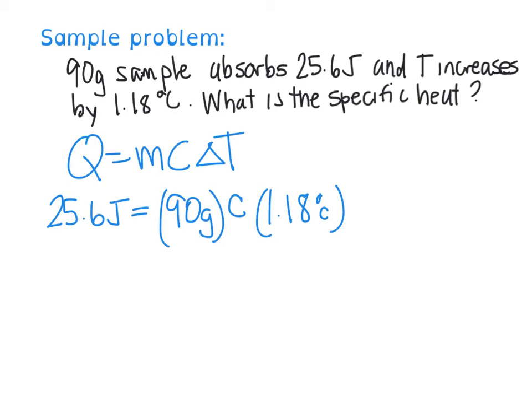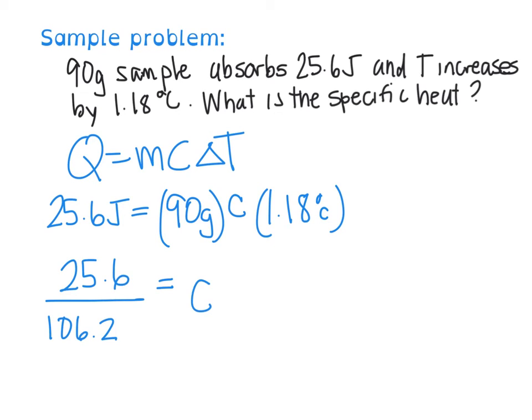So we're going to take the 90 times the 1.18 and then divide the whole thing into the 25.6. So 25.6 divided by whatever 90 times 1.18 is, 106.2.